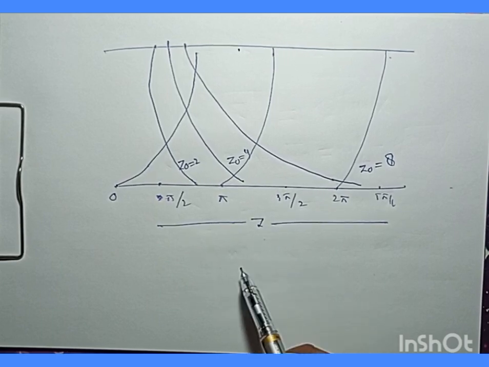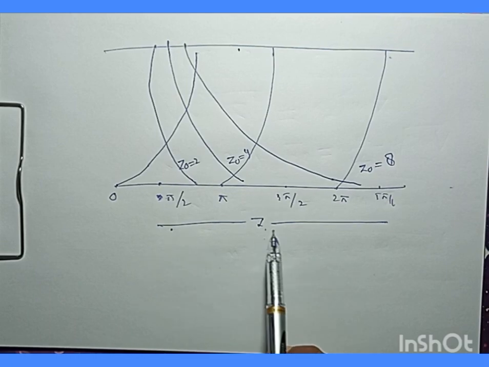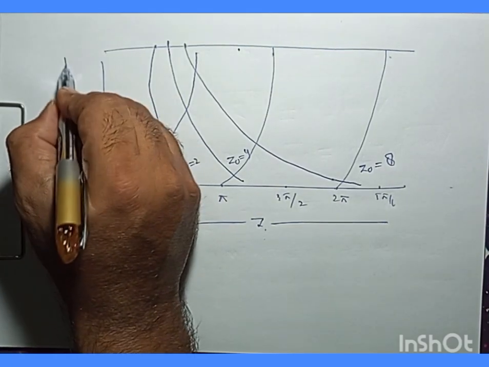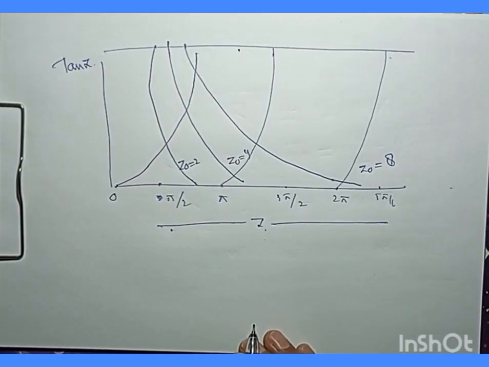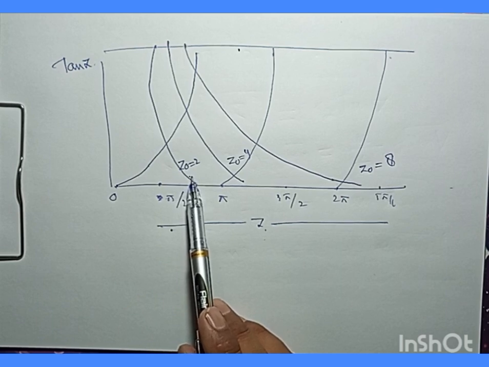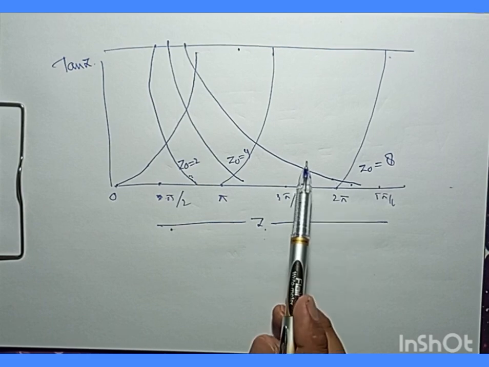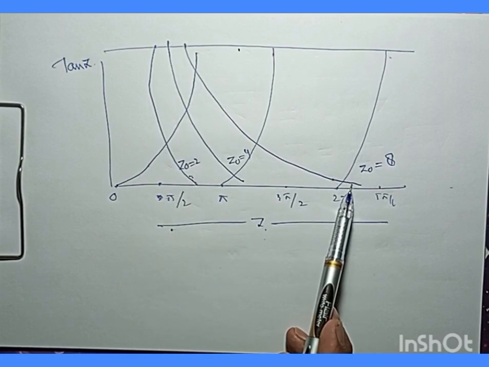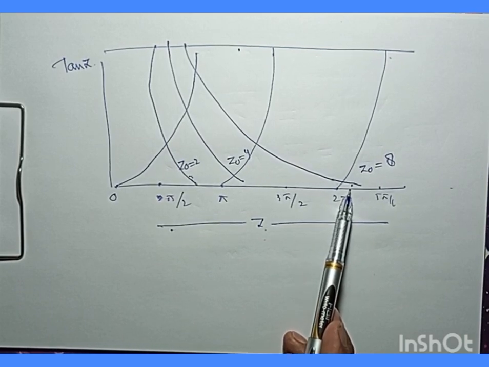We have plotted it here with respect to z, and this is our tan z. Now if we look at this z naught, if this z naught is large, here its large value is 8, what it does is it pushes the curve upward on the graph, sliding the zero crossing in z naught to the right.